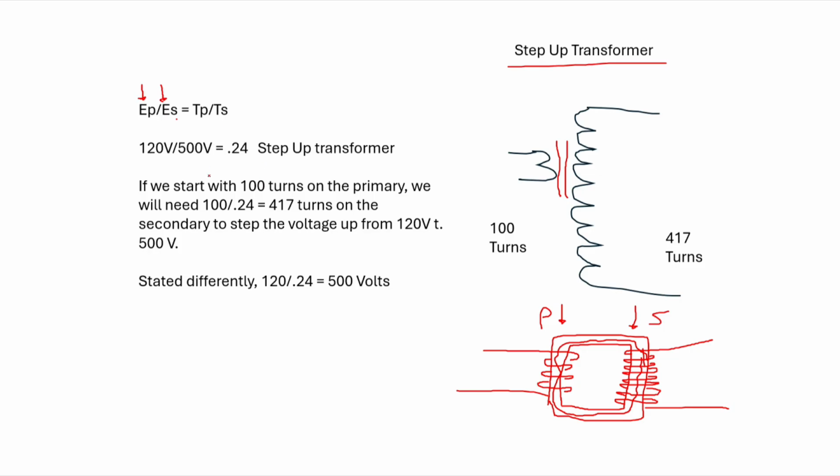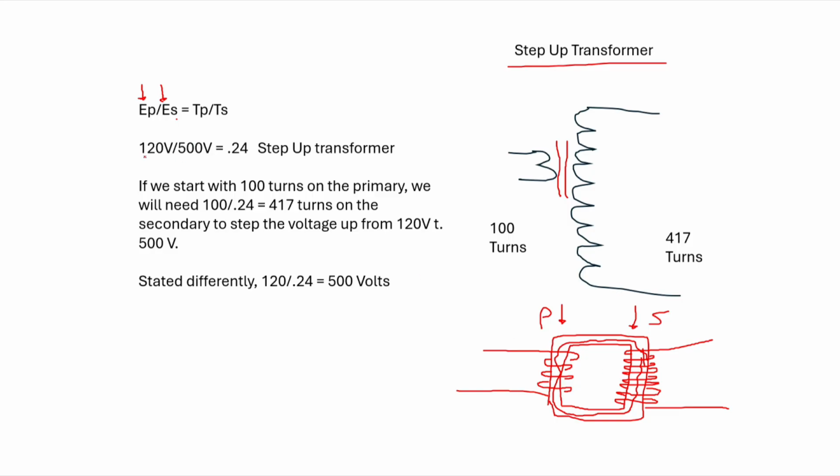So let's run some numbers here. I like to look at things in terms of the turns ratio. There's a ratio of the number of turns of the primary to the number of turns of the secondary. You don't have to know physically how many turns are in here.